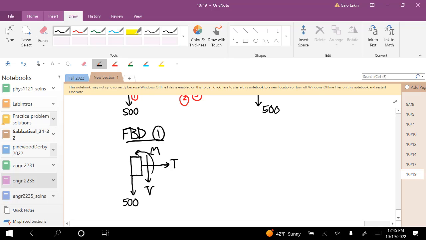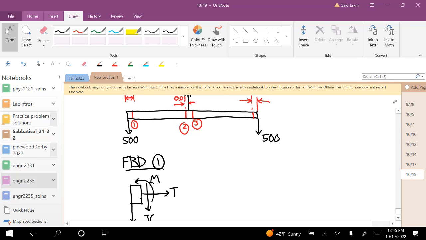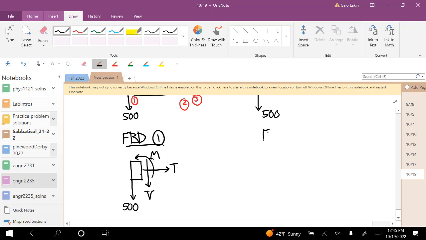Okay. And now I'm going to draw a free body diagram where I'm isolating the whole beam, starting all the way at the left and ending at 2. Okay, so free body diagram for that cut 2.